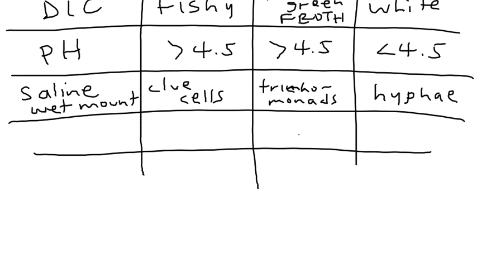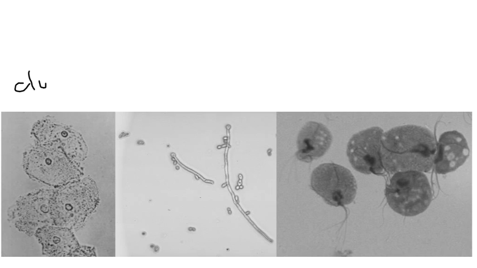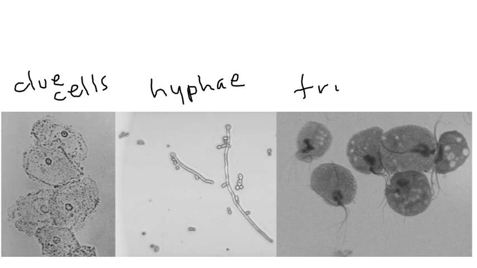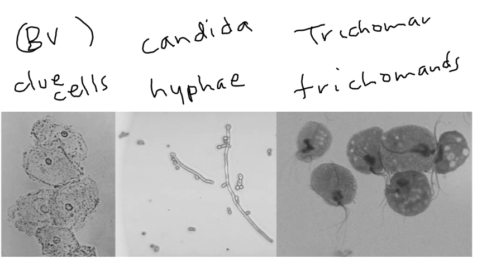And let's see that diagram again. Well, you got your clue cells here. You see your hyphae here. And you see trichomonads here. So this is bacterial vaginosis. This is Candida vaginitis. And this is Trichomonas. All right. There you go.